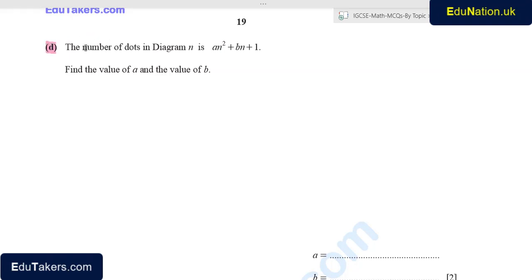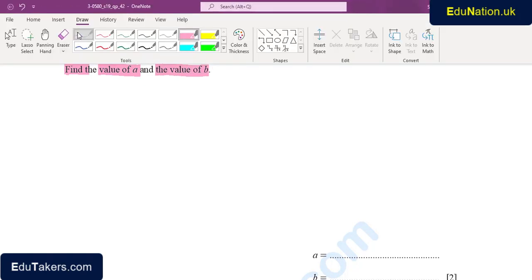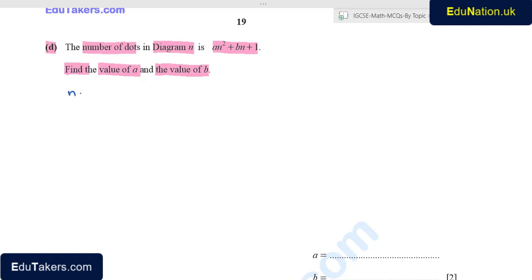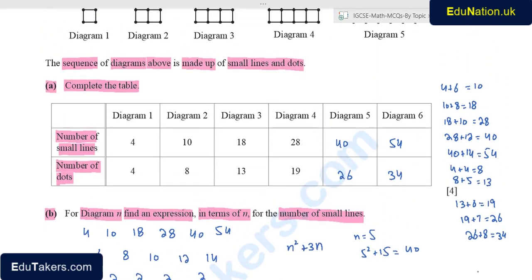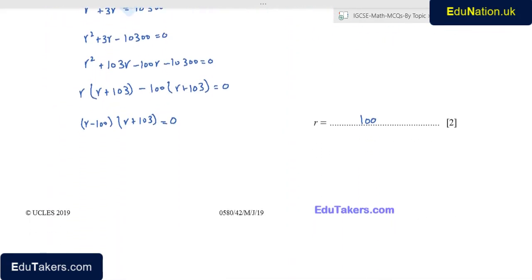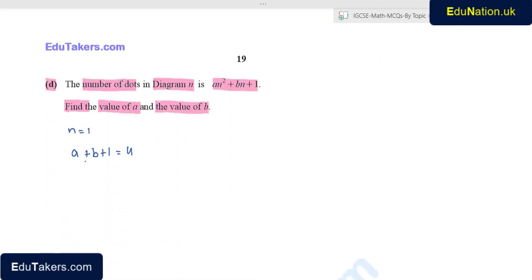Part D. The number of dots in diagram n is a n square plus b n plus 1. Find the value of a and the value of b. When n is 1, this will be a plus b plus 1 equals, and the number of dots for the first diagram is 4. So this will be equal to 4, and from this a plus b equals 3.